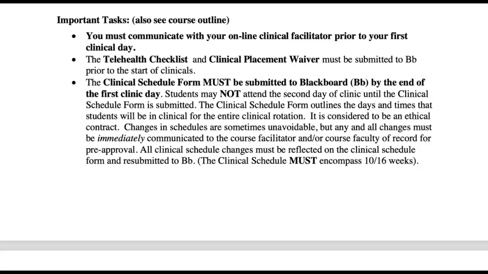Otherwise, that could be too many clinical schedule forms to keep up with, obviously, and have a good understanding of what you're doing. So one clinical schedule form with all the information on it for all sites denoted in different colored text, so it's easy to see what site you're at on which day and also the times that you plan to be there on that day.